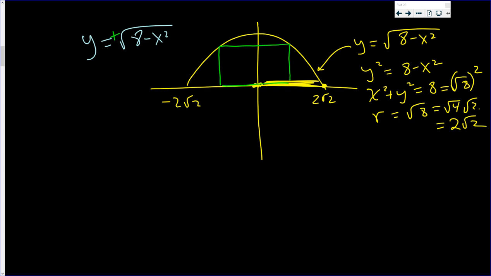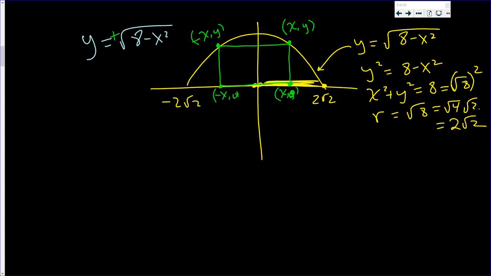Well, you can define a rectangle just by that point, because then you know this point: negative x comma y. And you know this point: negative x and the y value is 0. And you know this point: x and y is 0. So knowing that point in quadrant 1 is enough to define the rectangle.